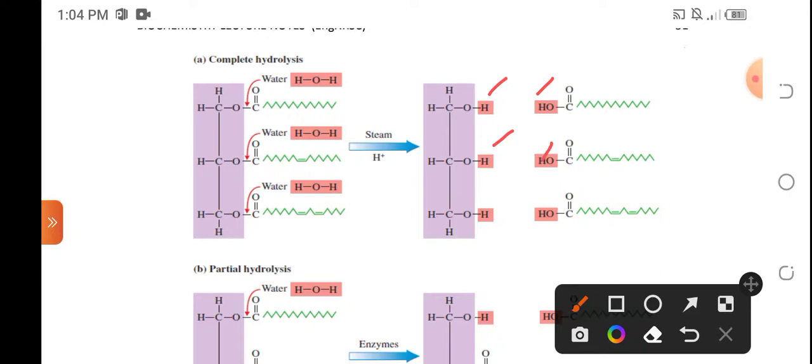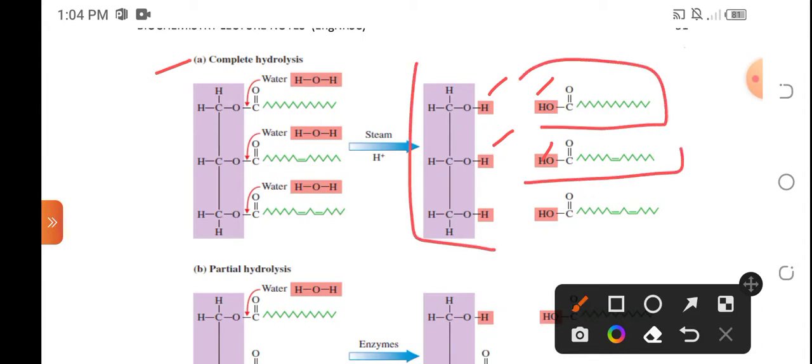So remember, for complete hydrolysis, we are producing four products, one glycerol and the three fatty acids. Since the identity of the triacylglycerol here in the reaction is a mixed triacylglycerol, ibig sabihin, magkakaiba yung fatty acids niya. So therefore, we are producing three different fatty acids.